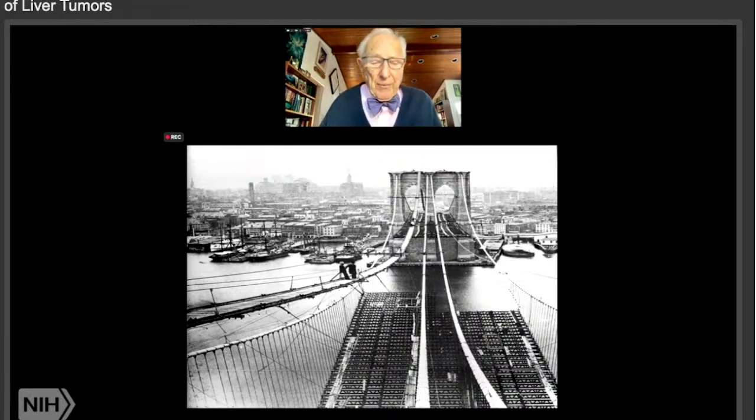Welcome to the third session of the 20th year of the NIH course entitled Demystifying Medicine. The logo, as shown on the slide, is the Brooklyn Bridge.